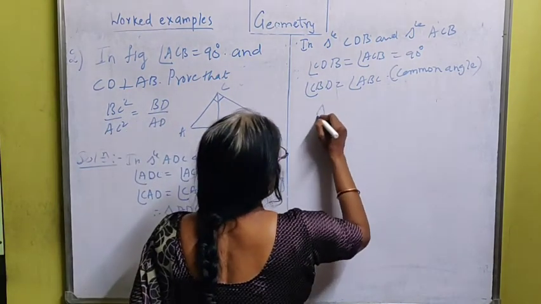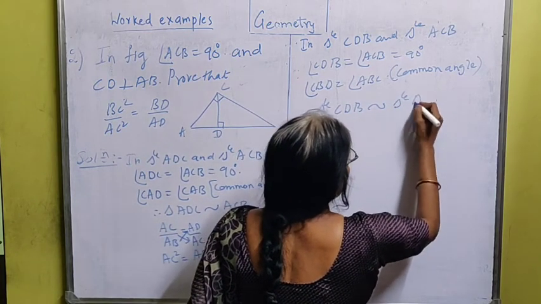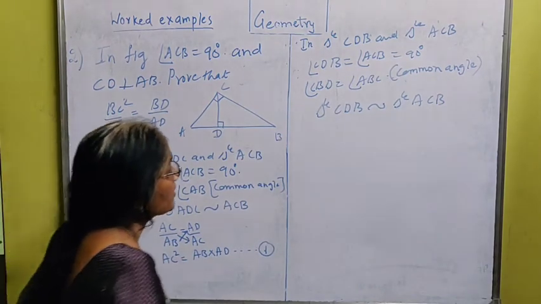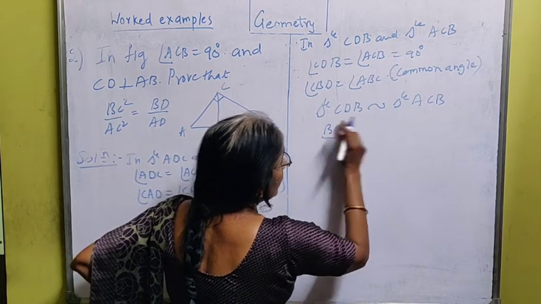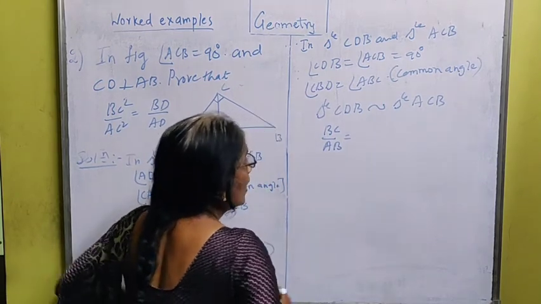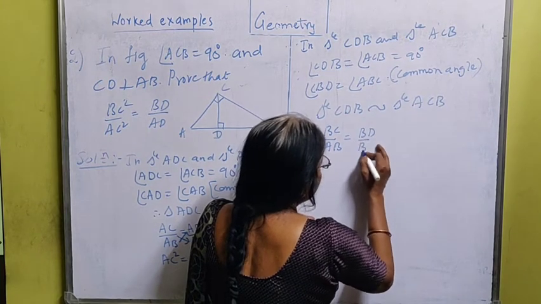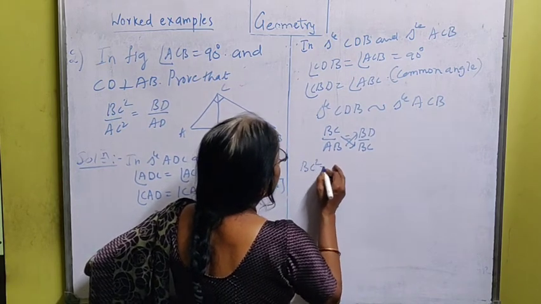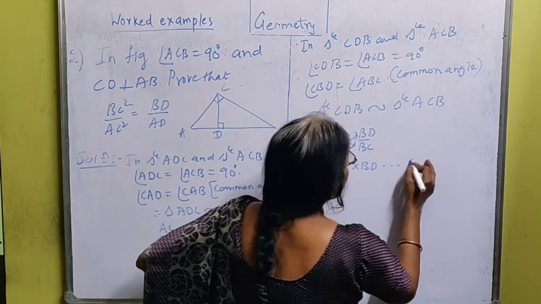So triangle CDB is similar to triangle ACB. Now I want BC square. So what shall I take? CB or BC? So BC by BA or BC by AB is equal to, again here BC should go down. So it will come BD by BC. So cross multiply. So what will I get? BC square is equal to AB into BD. This is equation number 2.